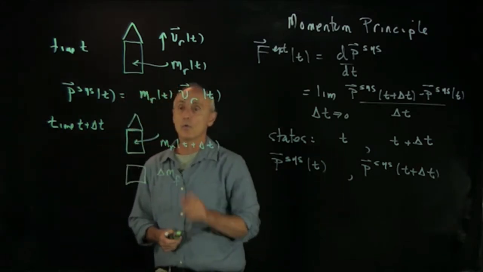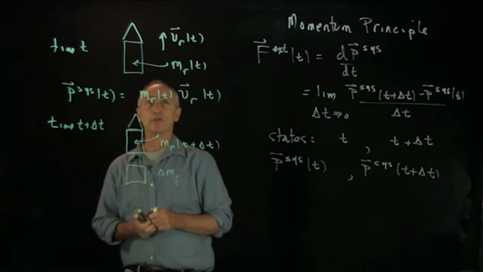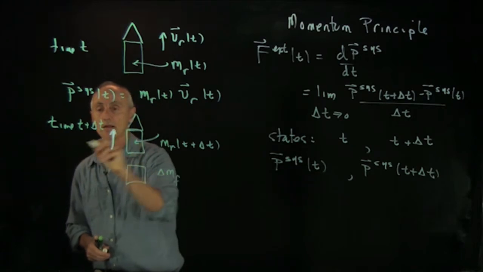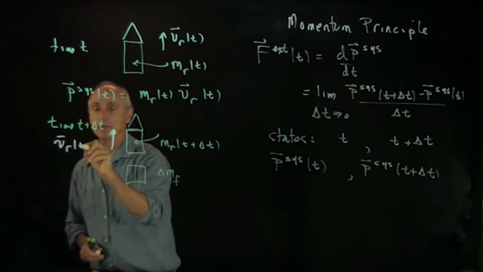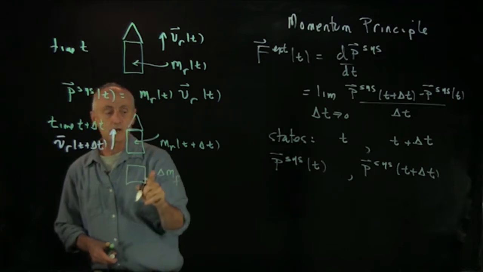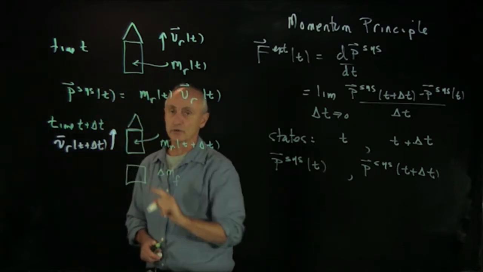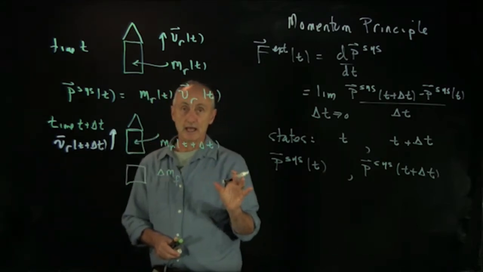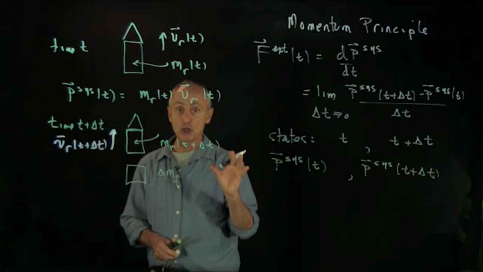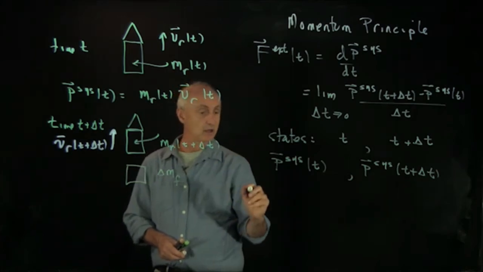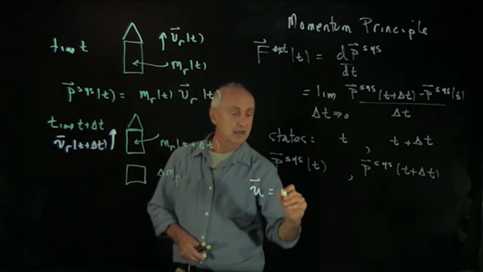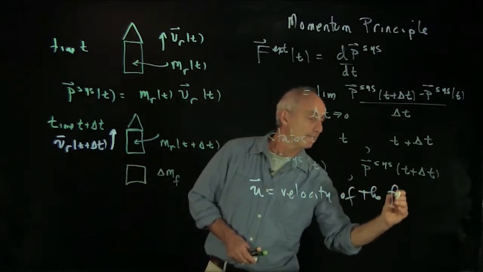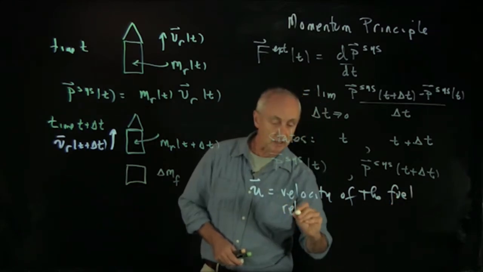Now, what we need to do, again, is to have our velocities. So here, the velocity of the rocket is now the velocity at time t plus delta t. And what about the velocity of this fuel that's being ejected? Well, in our problem, the fuel is ejected at a velocity u relative to the rocket. So u is the velocity of the fuel relative to the rocket.